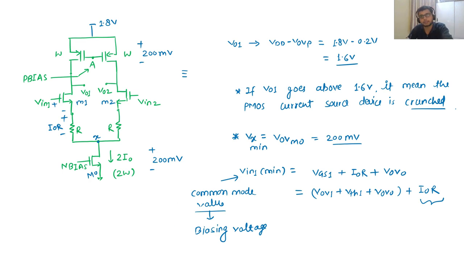Let me clear this concept. Suppose this OTA is used here and it has two inputs, V in 1 and V in 2. If the minimum value of common mode is higher, suppose, this is the common mode. Now if some other block is driving this particular block, then it will see some higher common mode.